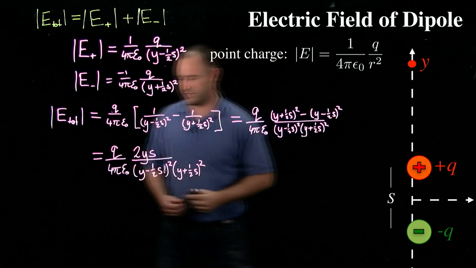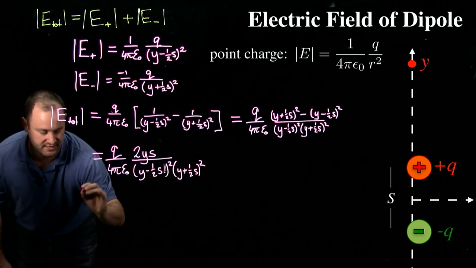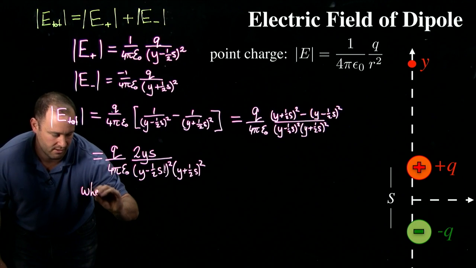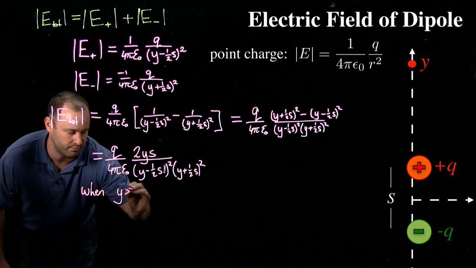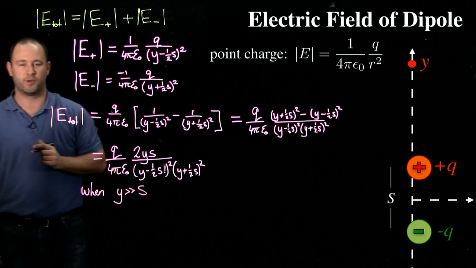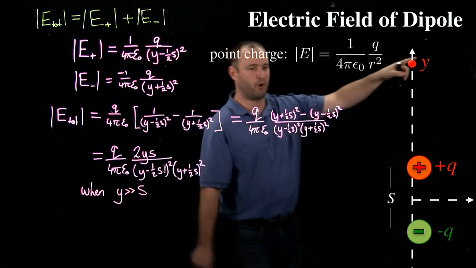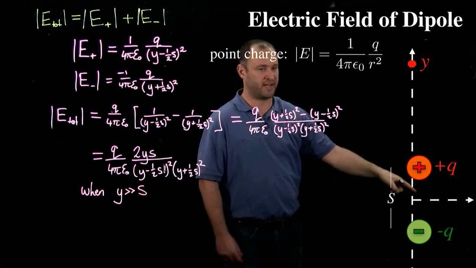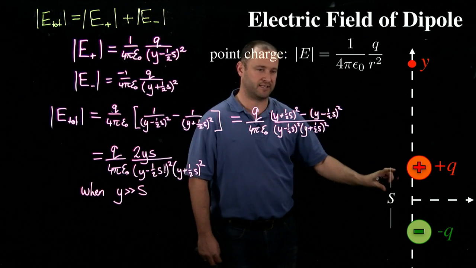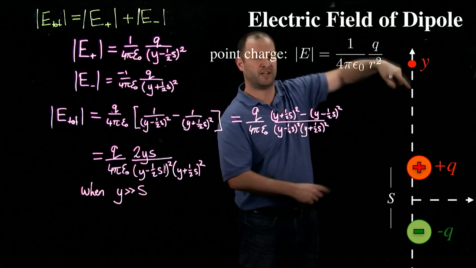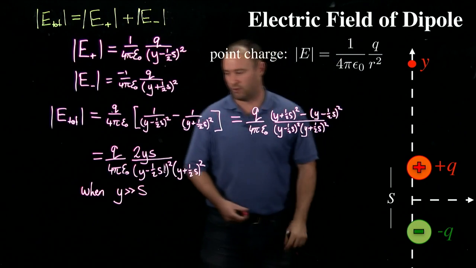So to formalize that, what I want to say is when y is much, much bigger than S. Again, just to emphasize this point, y is the distance between here and here. It's much bigger than the distance between here and here. Or in other words, I'm sitting well away from my dipole.